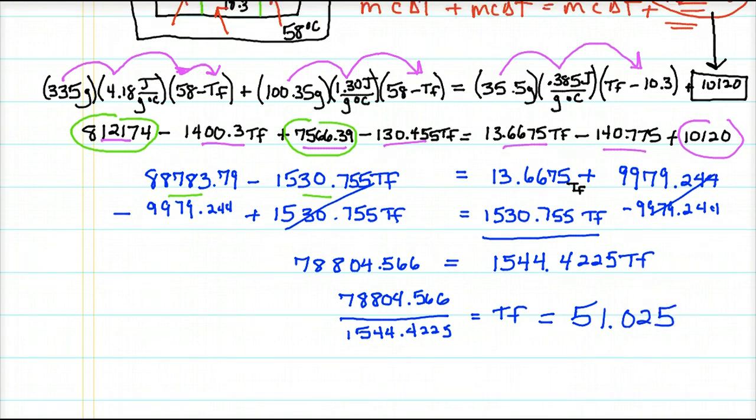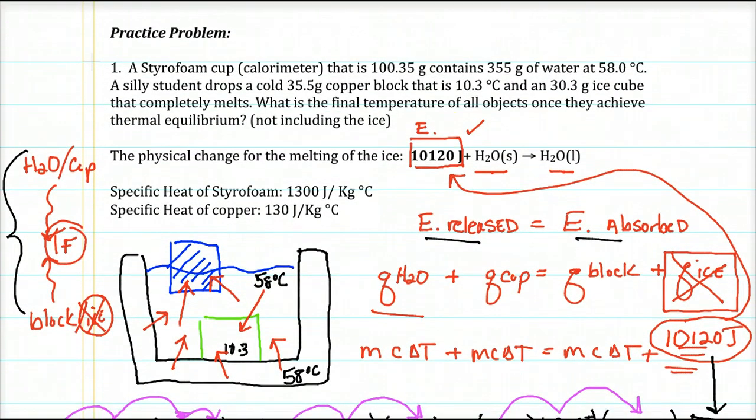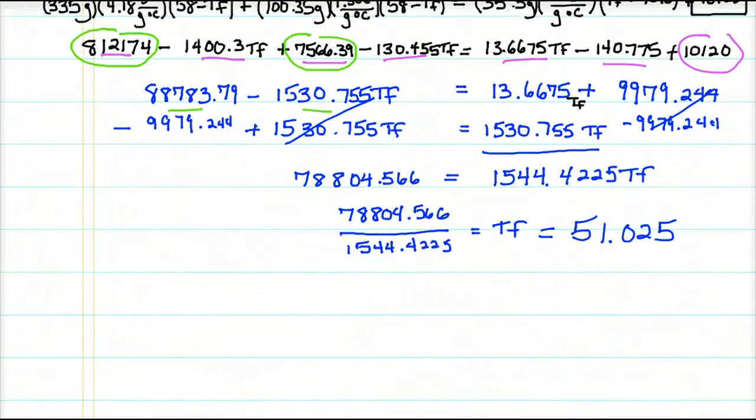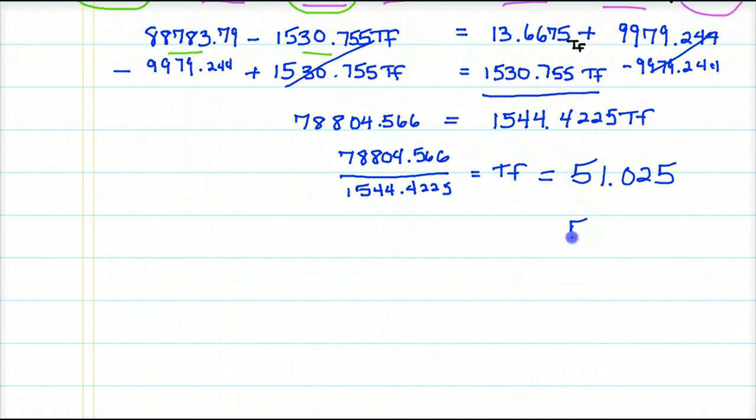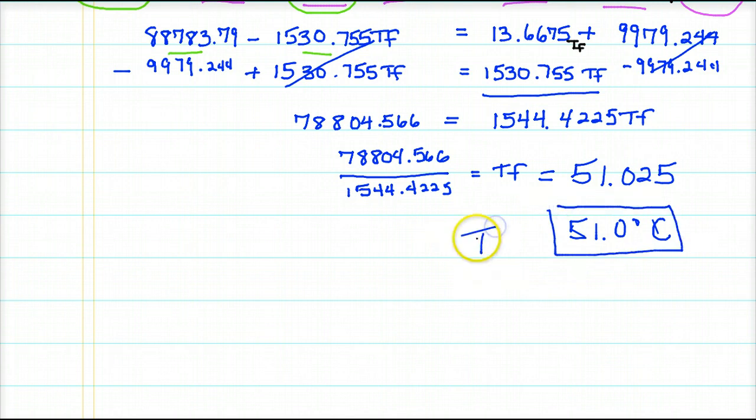I believe we're going to round to 3 sig figs. The least significant number is 3. Yep. So I round to 3 sig figs. So 51.0 degrees Celsius. That's my final temperature for everything.